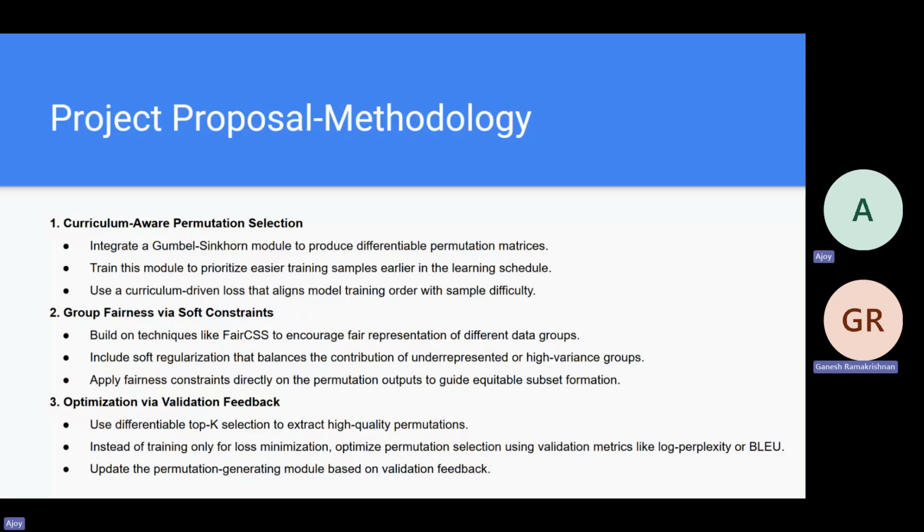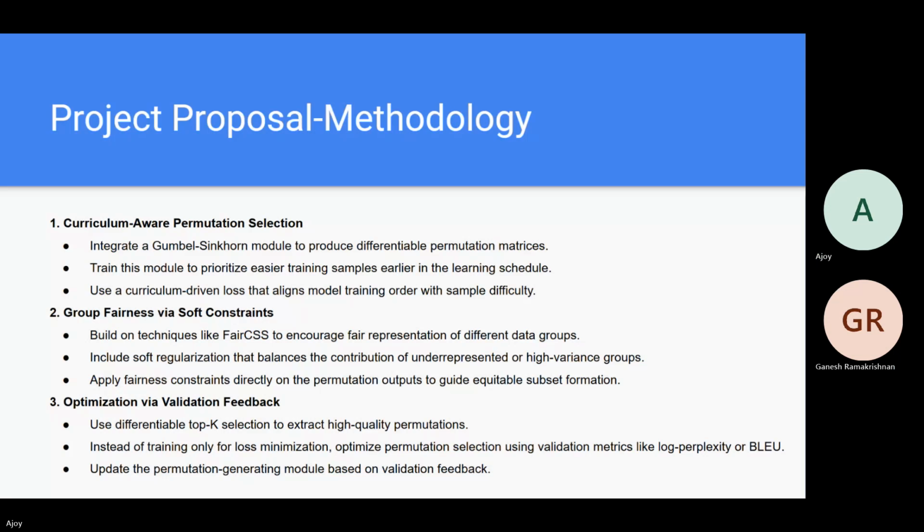So you seem to be a little all over the place, right? I mean, curriculum aware, permutation selection. The curriculum-driven loss that aligns model training with sample difficulty, fine, that by itself is okay. How is it related to the permutation? You say integrate a Gumbel Sinkhorn model to produce differentiable permutation matrices to prioritize easy samples.